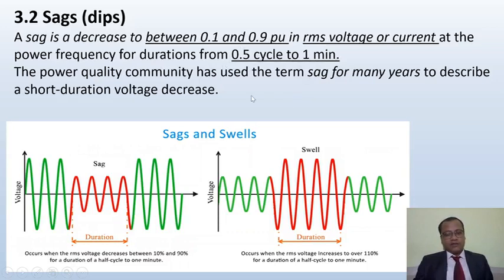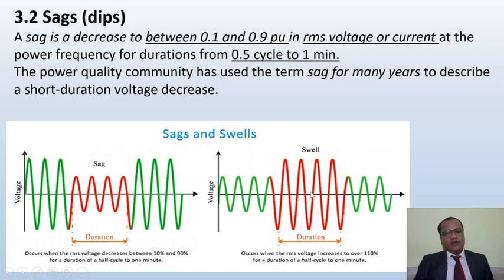Here there is a reduction of voltage. This first graph indicates that this red part is the reduction of voltage within the limit of 10 to 90% of the peak amplitude for a duration of not more than 1 minute. So this particular red part indicates the sag.